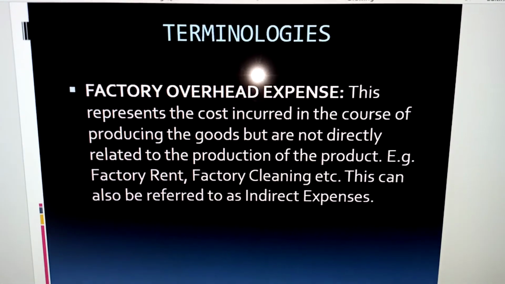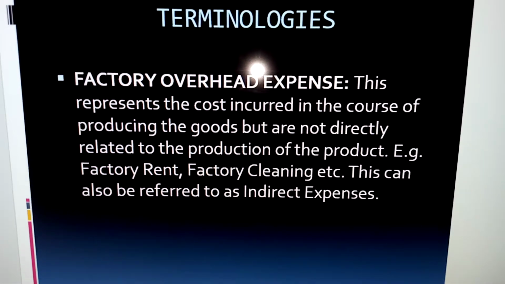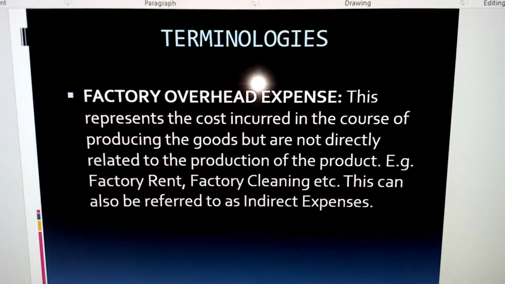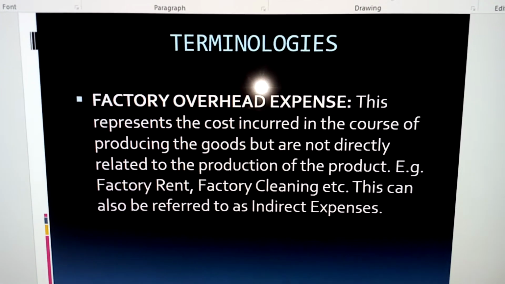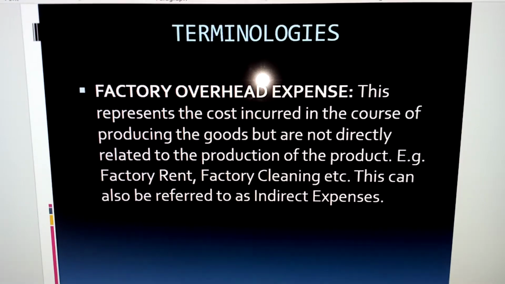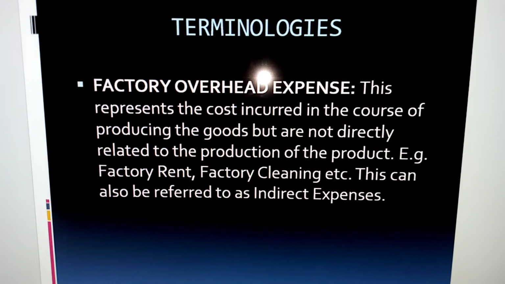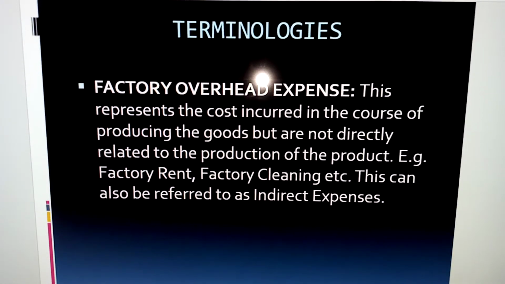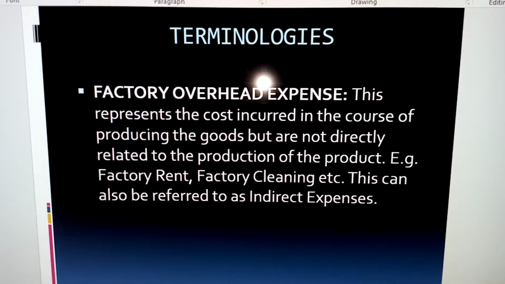Here we have factory overhead expense. We can refer to it as indirect expense. So all other expenses incurred that are not directly involved in production is what we call factory overhead. So whatever expense is incurred in maintaining or running the factory used for the production is what we call factory overhead.